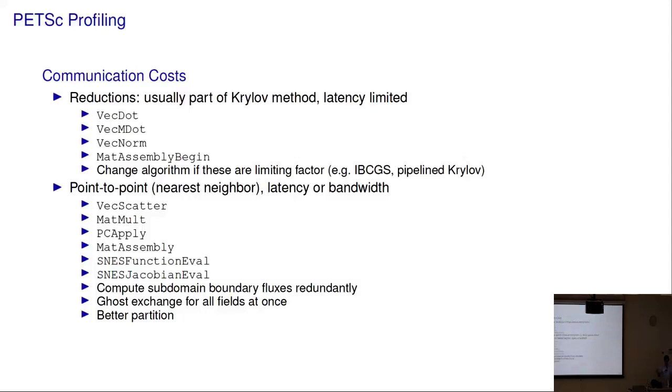And it's these reductions that occur in things like vec dot, vec m dot, vector norms, vec assembly begin. If you find these are really a limiting factor, you should try to use a Krylov method like one of the several pipelined Krylov methods that have been implemented, or the improved BiCGStab, which is sort of BiCGStab, but makes you only have to do one reduction per iteration.